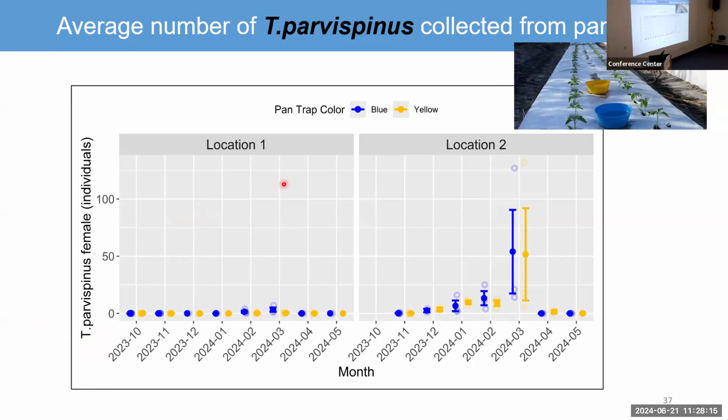For the first location, we have a stable trend. We can see no more than 0 or 1 at least. And in the second location, we can see that in the month of March we have more than 50 individuals.